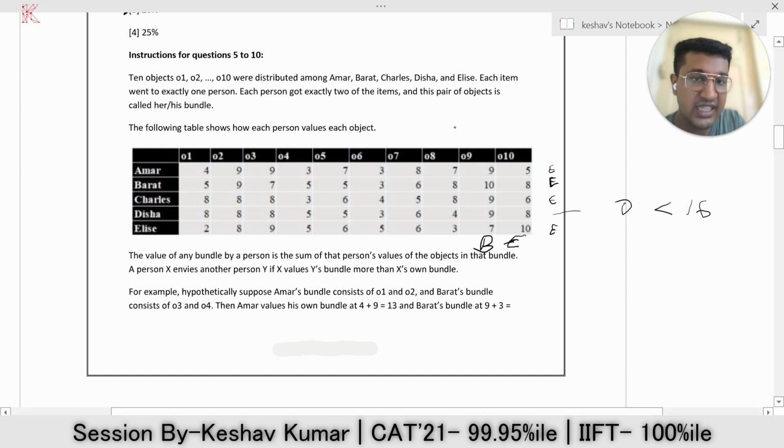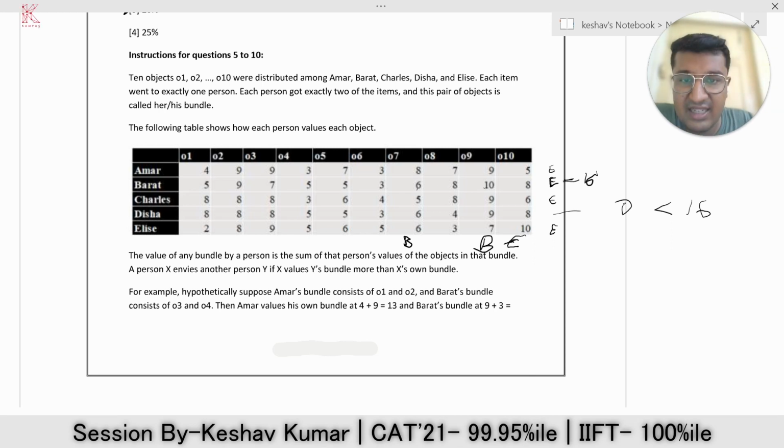And can you also see he can't get O8 because the maximum sum can be 16, and if he gets O8 that will make it 18, which is more than 16. So B must get O7, which will make its value 16.